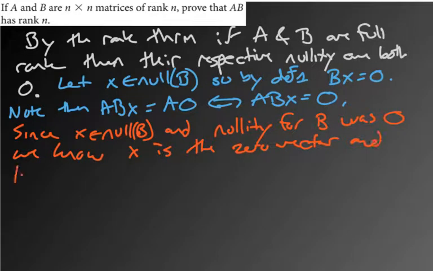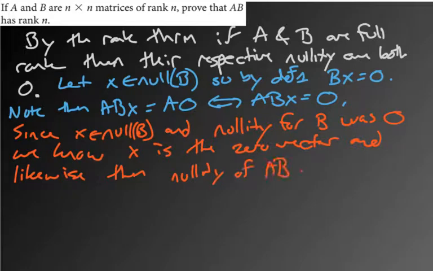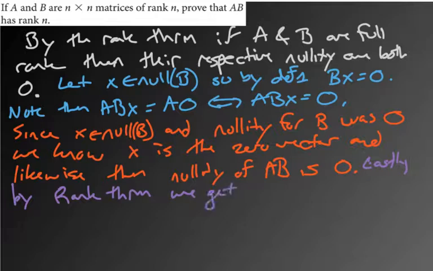And likewise then the nullity of AB is 0, okay? Then just lastly, by the rank theorem again, we get that the rank of AB is n, right? And that does it.